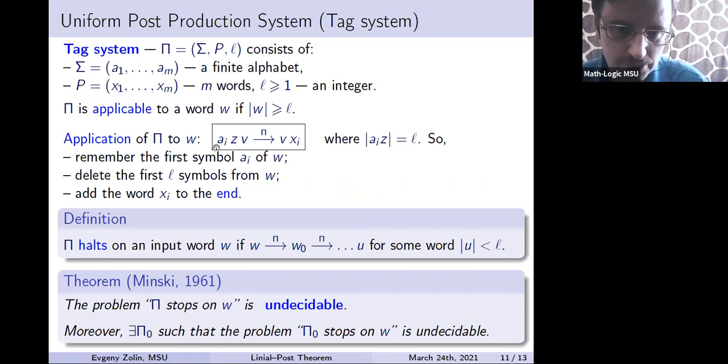If we have a word starting with L symbols, in which the first symbol is the symbol number I, then we have implication in our formula, and then some formula with this result. But V here is an arbitrary formula.